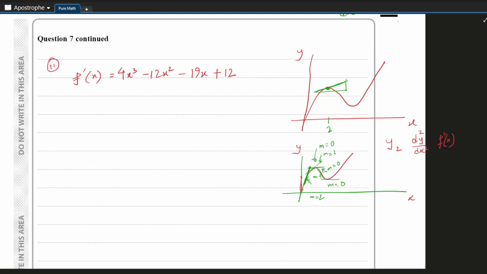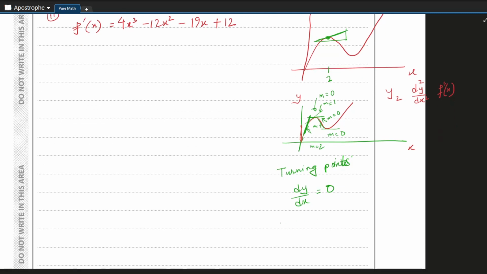So at the turning points, first of all, dy by dx is equal to 0. The gradient is 0. And when d squared y by dx squared is negative, that is a maximum point.